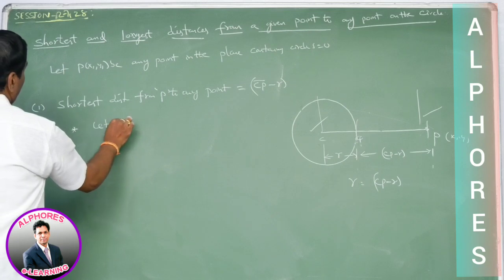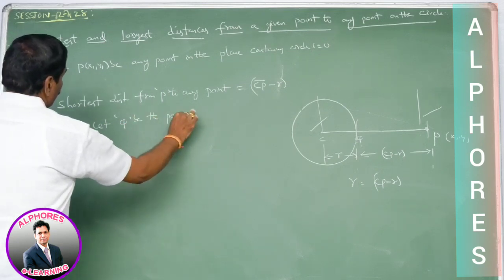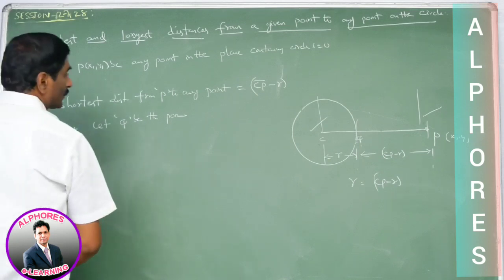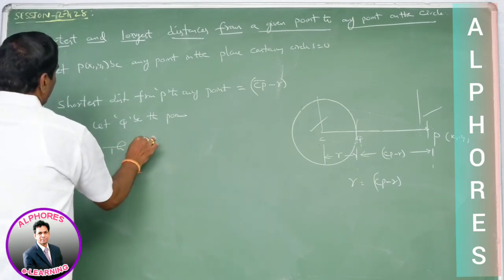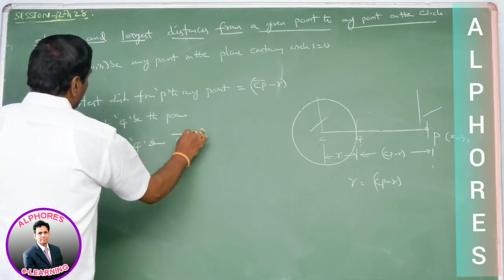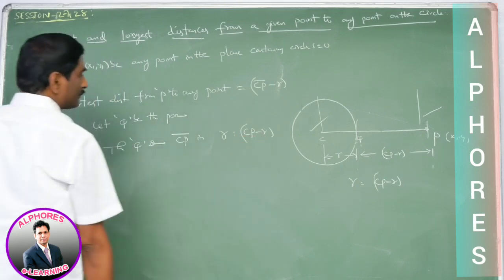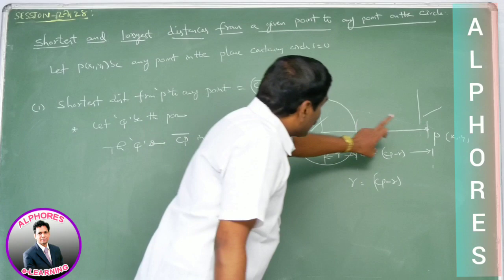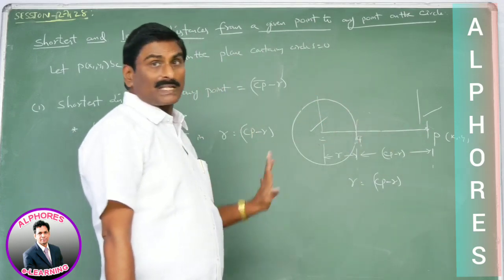If P lies outside, Q divides CP internally in the ratio R to CP minus R, which is positive.